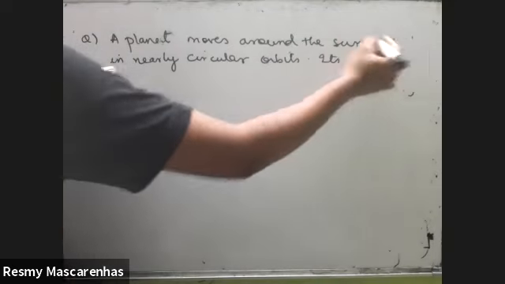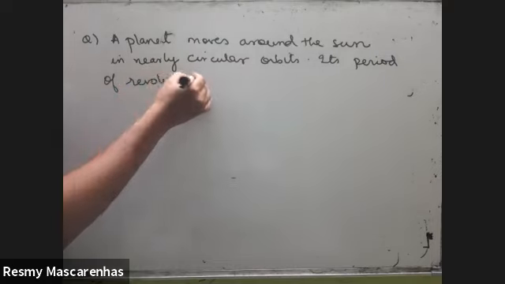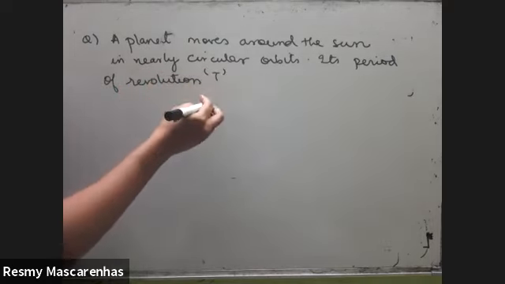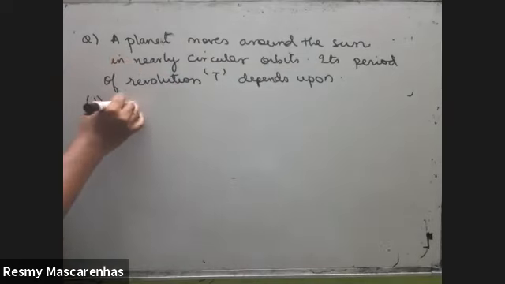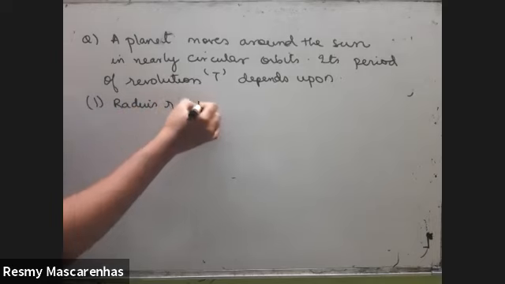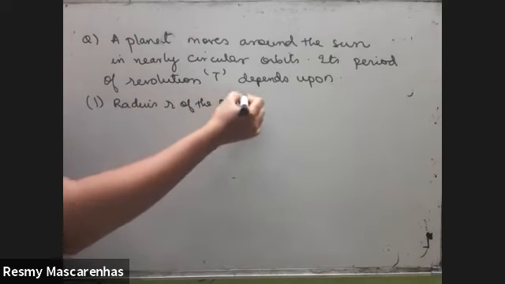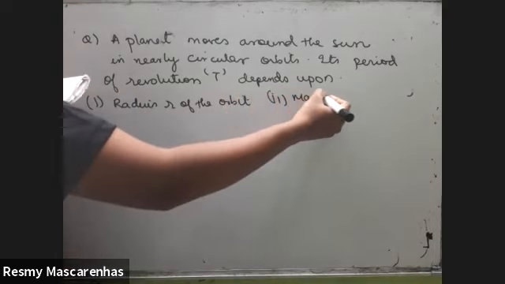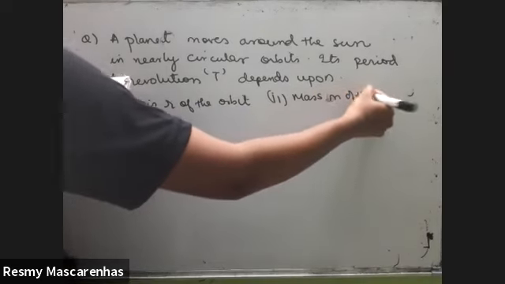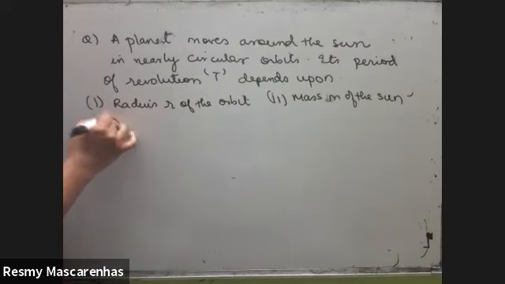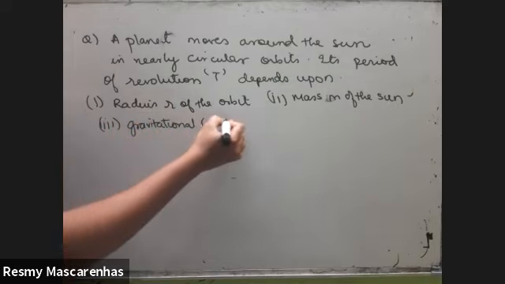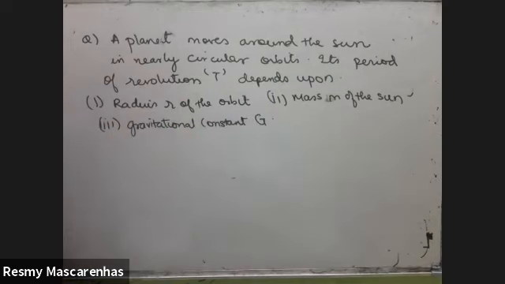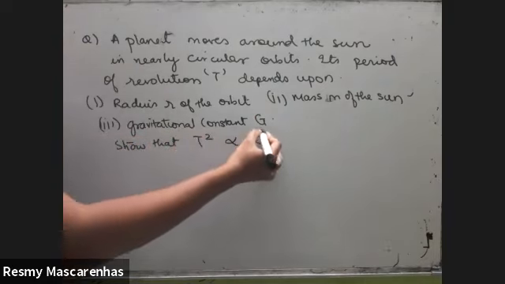Its period of revolution T depends upon first, radius r of the orbit, second, mass m of the sun, and third, gravitational constant G. Show that T square is directly proportional to r cube.